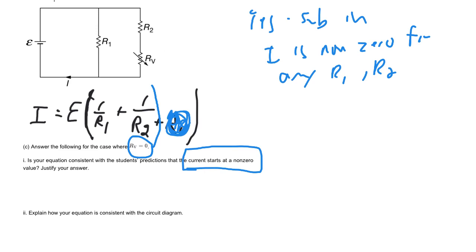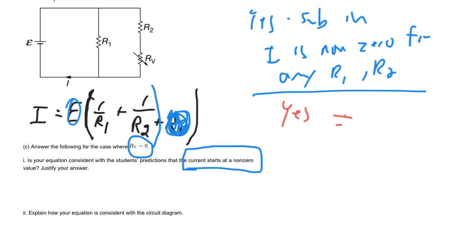The only way you could have I be 0 is if you had no voltage, if epsilon was 0. The second part of this question is asking, is it consistent with our circuit diagram? And the answer definitely would be yes.